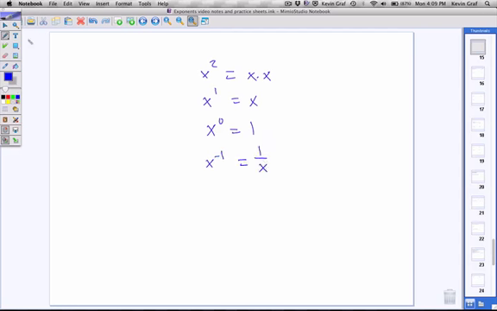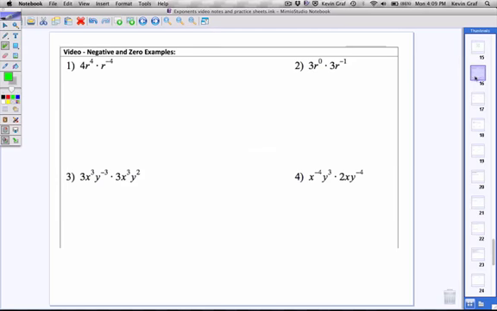It's almost like it's the opposite right here and right here. That connects in your brain a little bit because 1 and negative 1 are opposites, so it makes sense that it would be x and 1 over x. Maybe those examples help you to see it explained like that. Maybe not. But we'll look at a few more examples here.